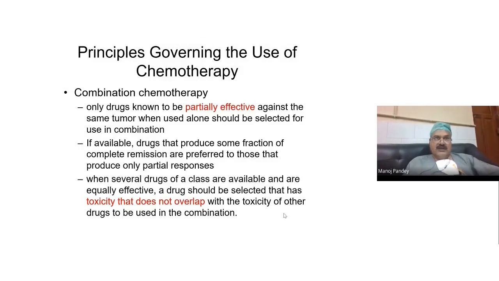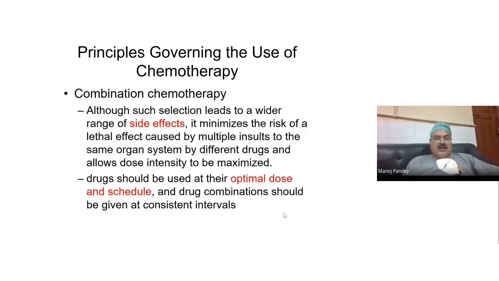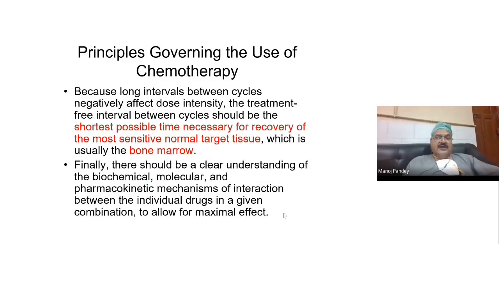But if you combine a drug which has hepatic toxicity with one which has renal toxicity, your toxicity profile will go down. And the drugs should be used at their optimal dose and optimal schedule. So for each drug, there is an optimal dose and optimal schedule to be used, and you should not arbitrarily reduce either the dosage or the time interval between the therapies.